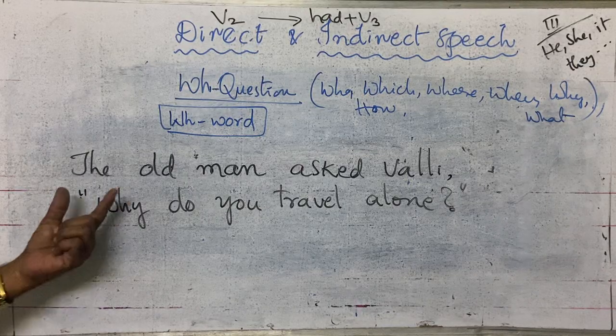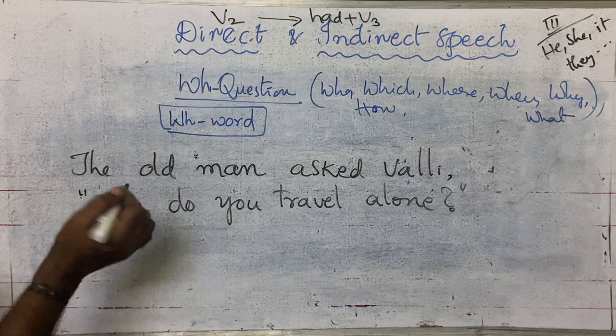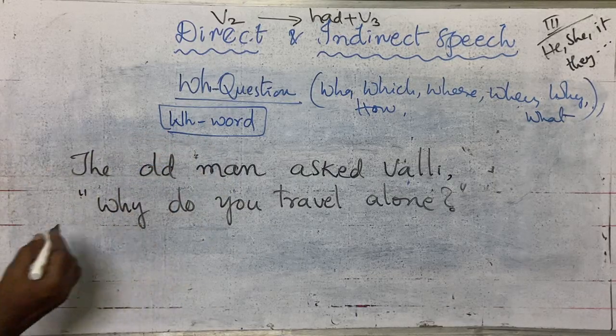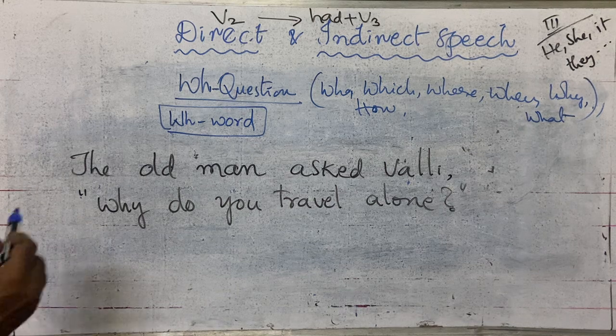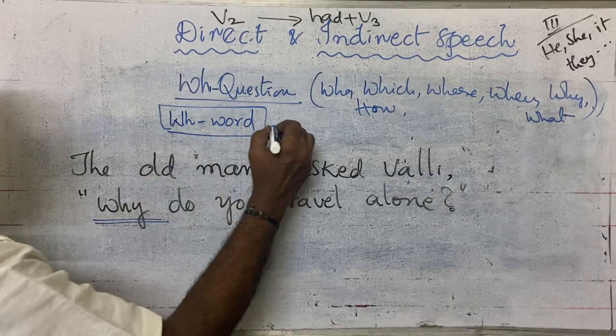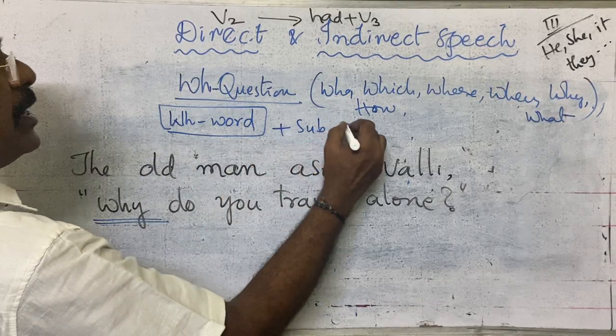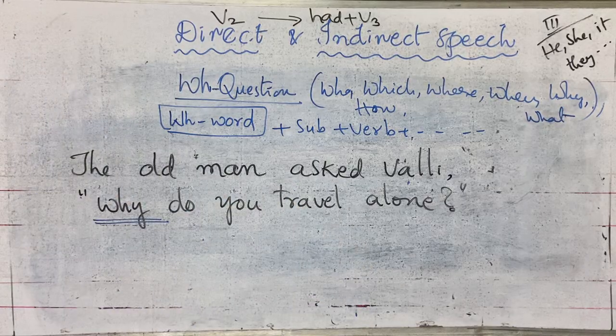So the old man asked Valli. It's a question only, you can take it as it is. But here, what is the WH word? Why. So this is coming as it is. So WH word plus subject plus verb, like this you can form the sentence.